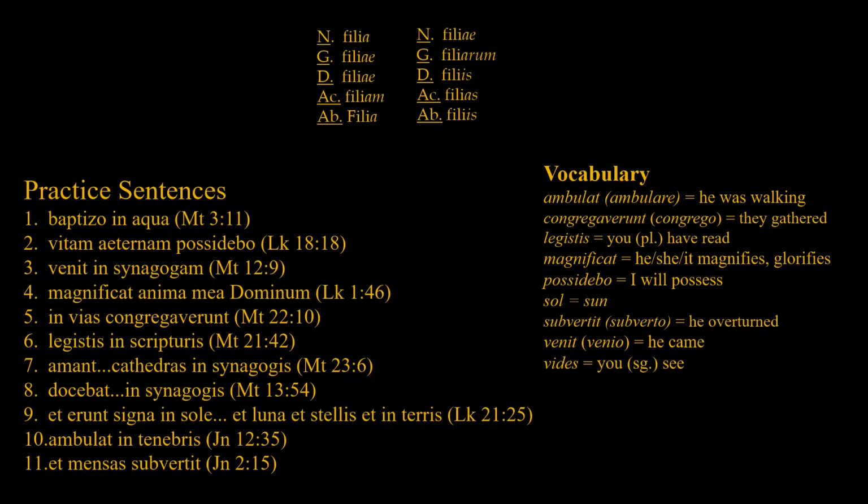Luna is not doing the action, and so luna is in the ablative case. Et stellis, so, and there will be signs in the sun, and in the moon, and in the stars. Now we're looking at plural, I ascending, ablative.